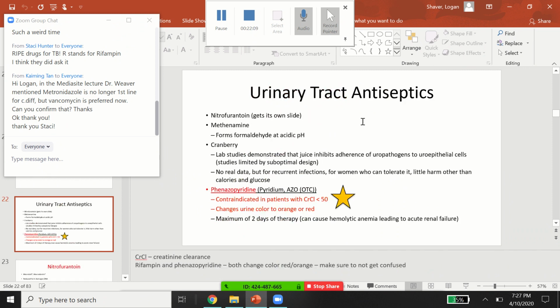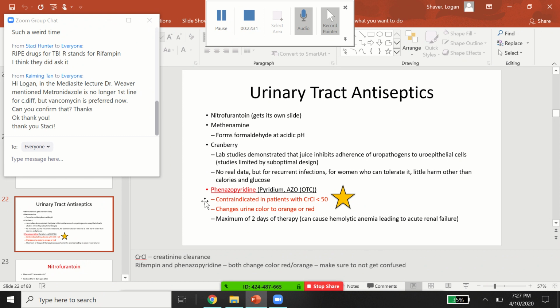All right, then on to urinary tract antiseptics. It's a different kind of category altogether. So you have phenazopyridine. I put the star over here because it turns urine color orange or red, so I figured I'd put that in case that question was asked instead.